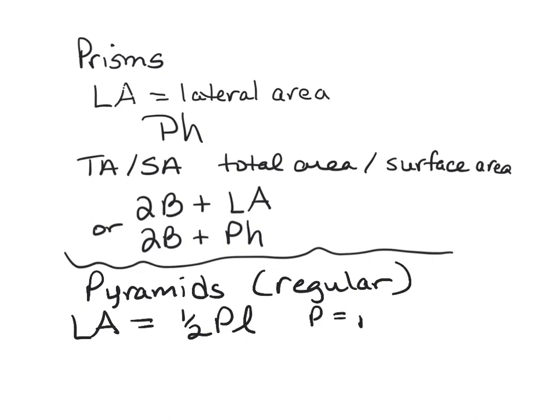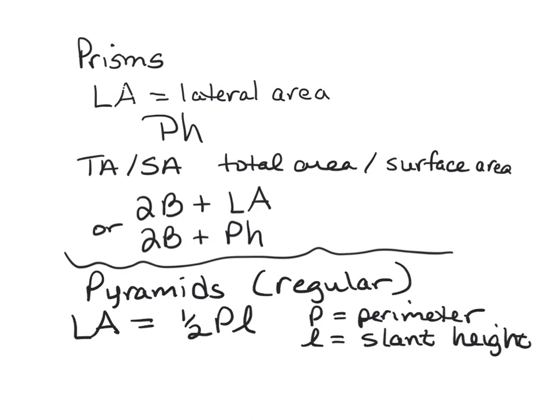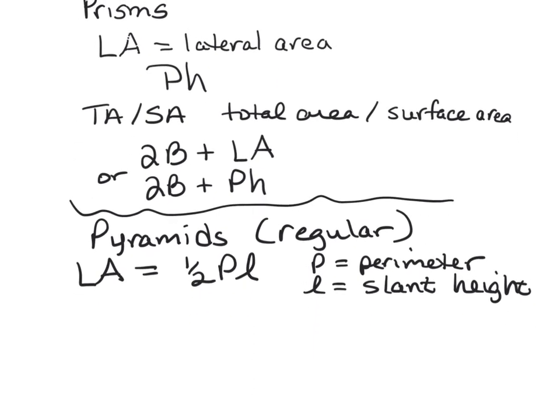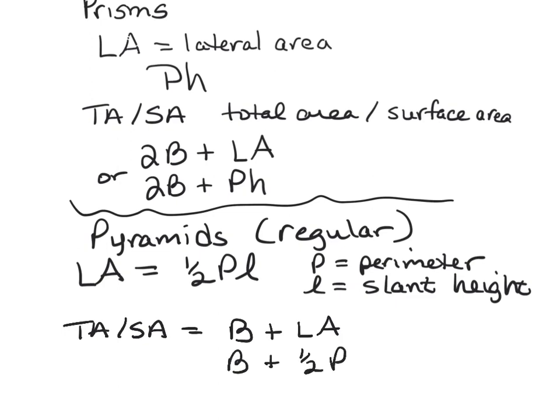Remember, P stands for perimeter and L stands for slant height. And then for the total area or the surface area, this time there's only 1 base. We'll add the lateral area, or again, you can do 1/2 perimeter times slant height.